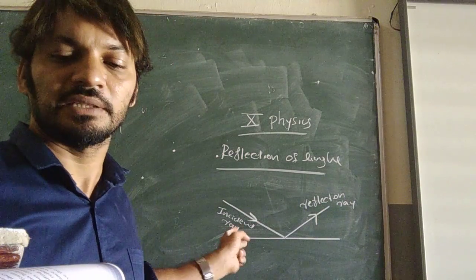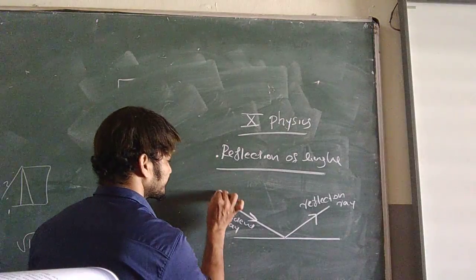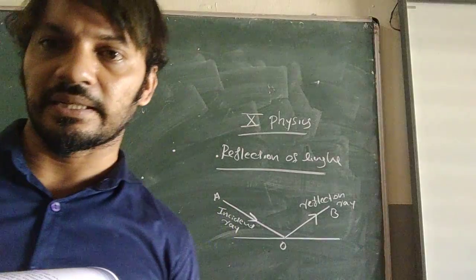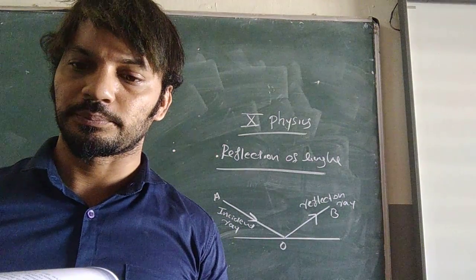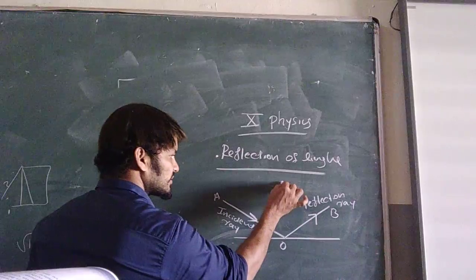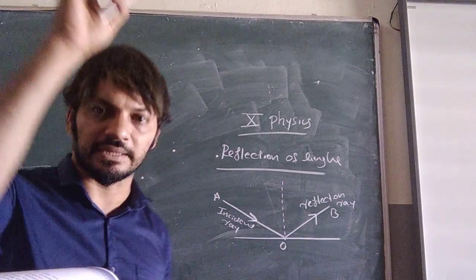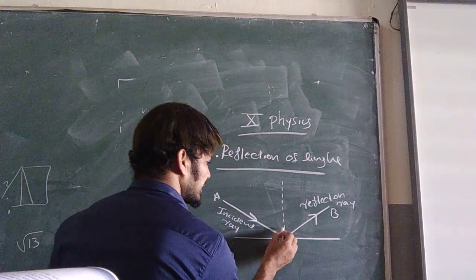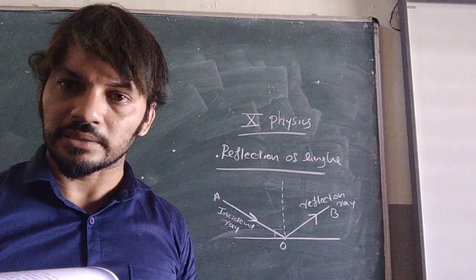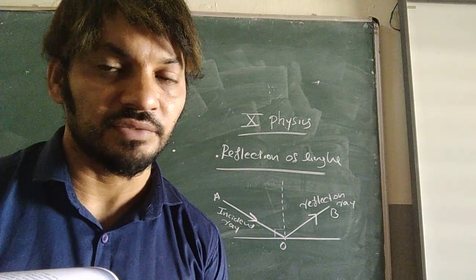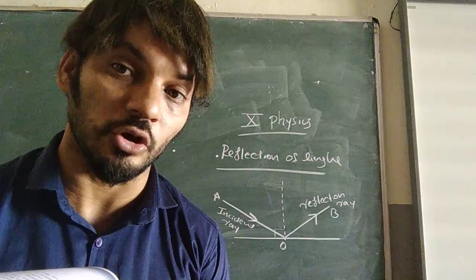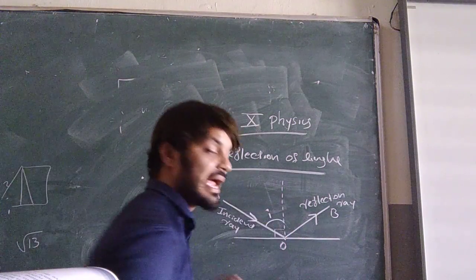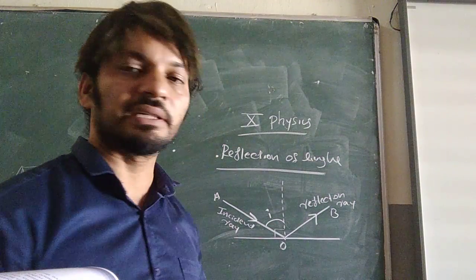In the example here, I am writing A, O and B. Here AO is the incident ray and OB is the reflection ray. This is known as the normal, at 90 degrees. Here it must be 90 degrees. The angle of incidence is the angle made by the incident ray and the normal, denoted by the letter i.